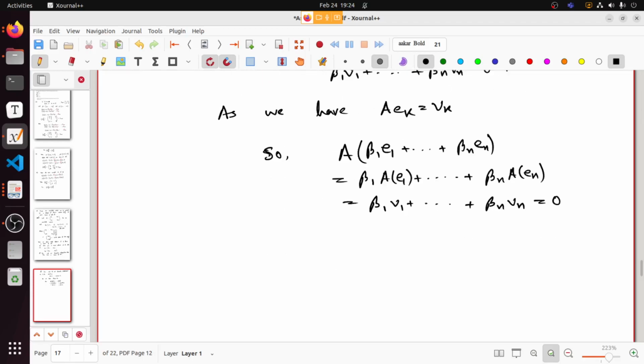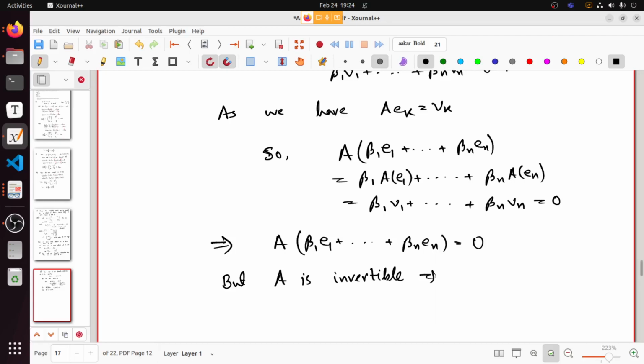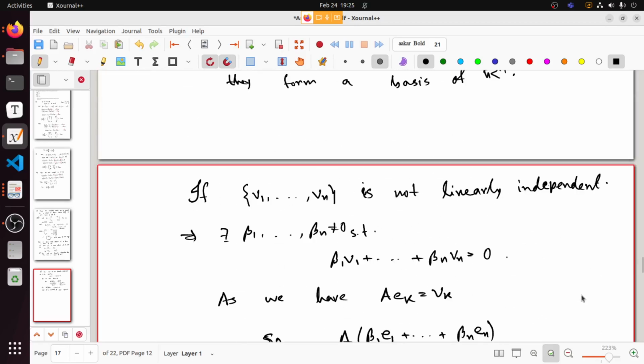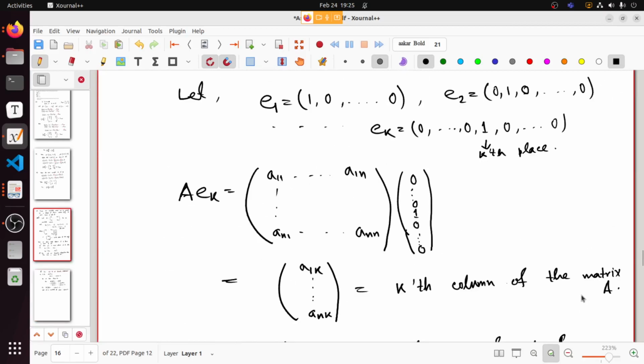which implies A of (beta 1 e1 + ... + beta n en) is 0. But A is invertible, which implies this should be 0, right, because then the kernel will be 0. So beta 1 e1 + ... + beta n en is 0, but e1, e2, ..., en are all linearly independent because they are the basis for Rn, the standard basis.